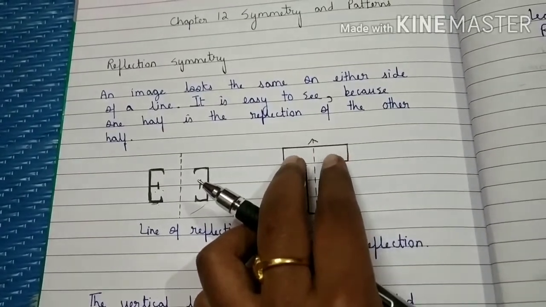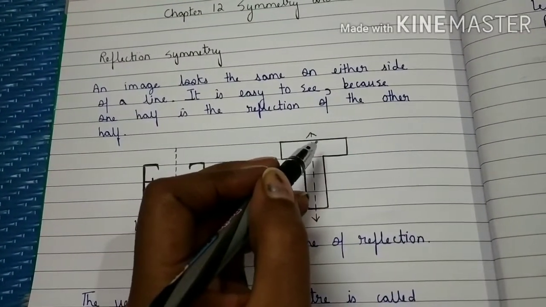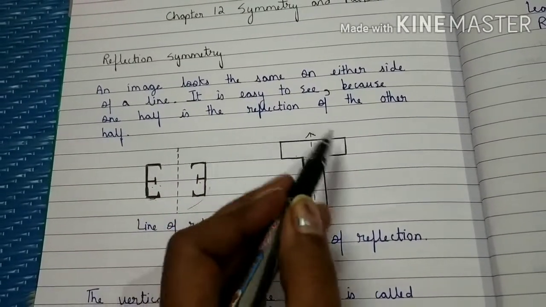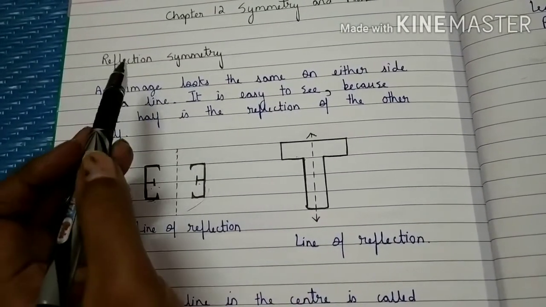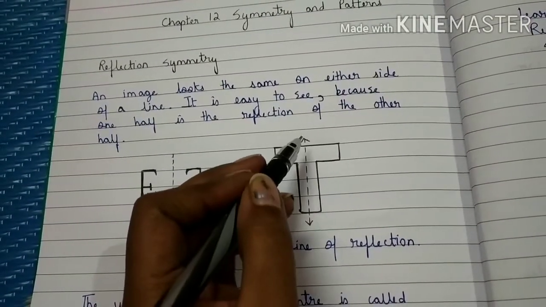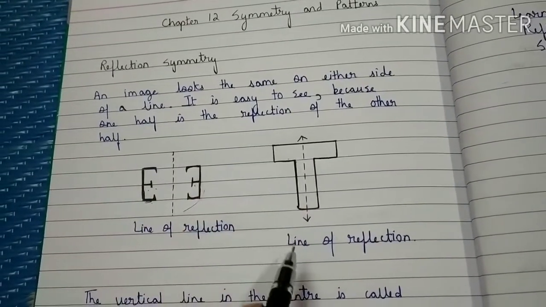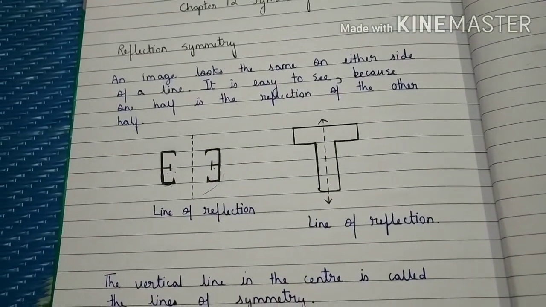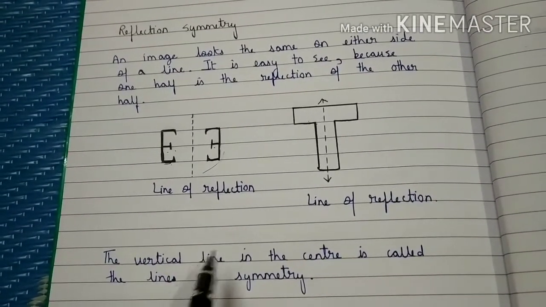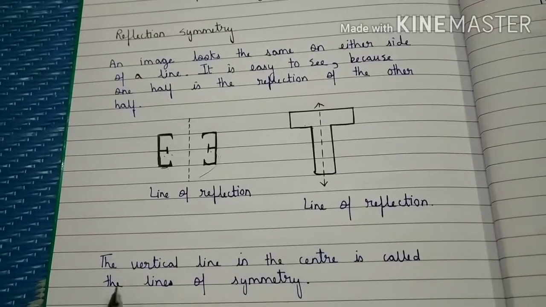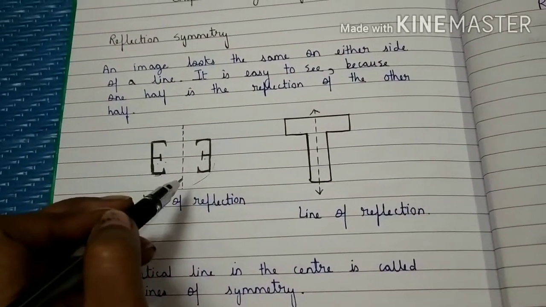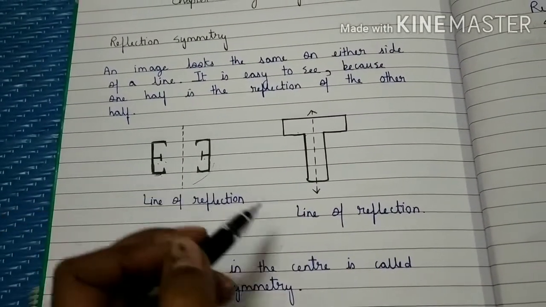So students, we can say that this part is the reflection of this one. This type of reflection is known as reflection symmetry, and the line through which we can see reflection is known as the line of reflection. The vertical line in the center is called the line of symmetry. Students, this line is also known as the line of symmetry.